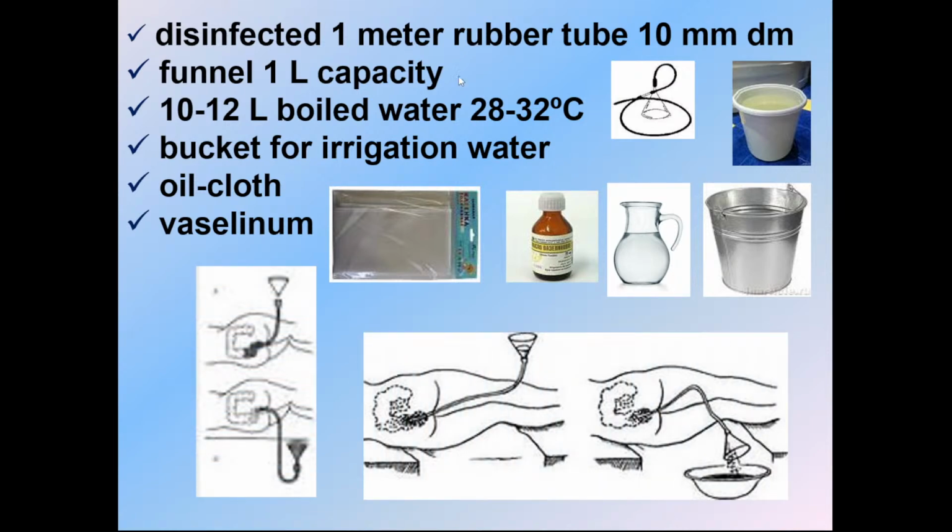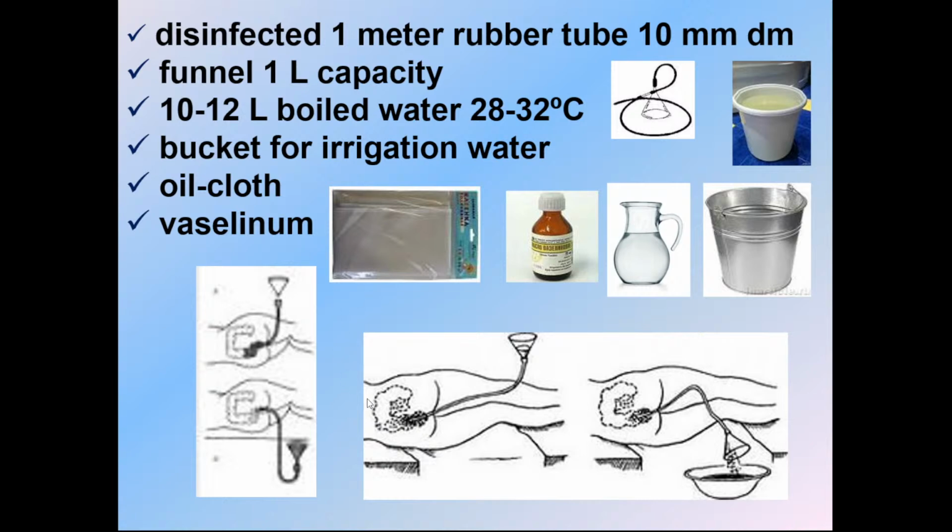We'll carefully introduce the tube into the intestine as far as possible. First of all, it may be 10-15 centimeters. Then put the funnel 50 centimeters above the body and fill it with water. When the water from the funnel no longer goes out, it shows that the intestine is filled up to the obstruction with feces.